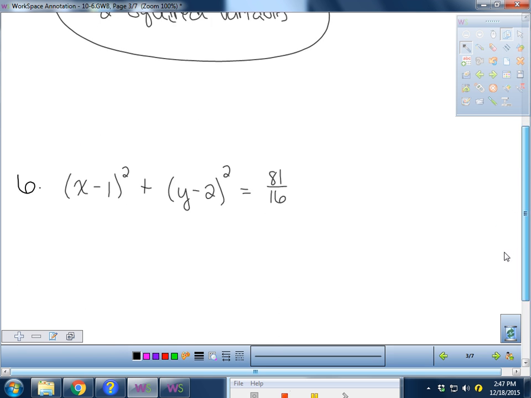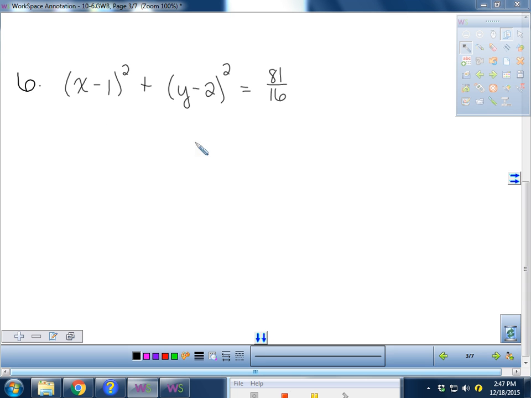Alright, the last one. So I look at this. I notice x is squared and y is squared, which means it's not a parabola. I look and they have a plus sign between, so that knocks out the hyperbola because this would be a minus. And then I also notice that they have the same denominator, or no denominator, so that makes it a circle.